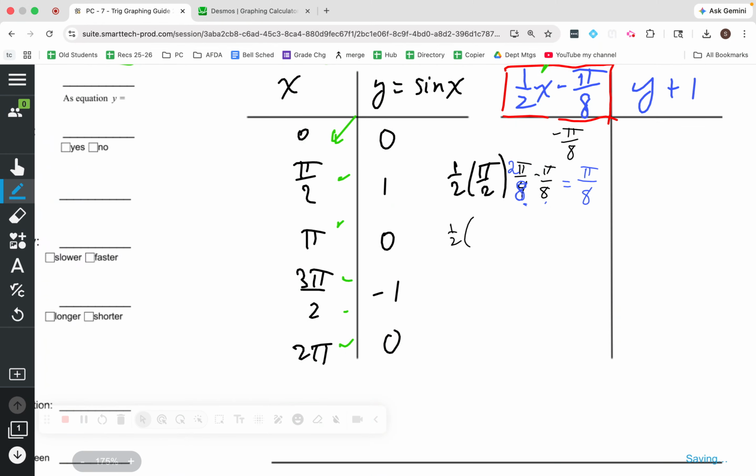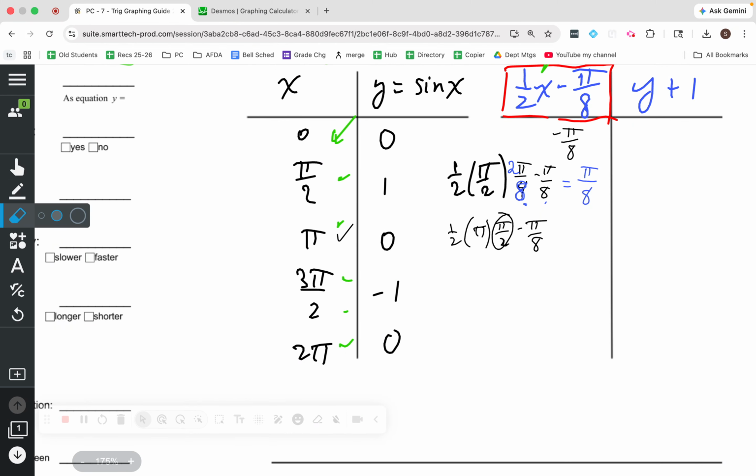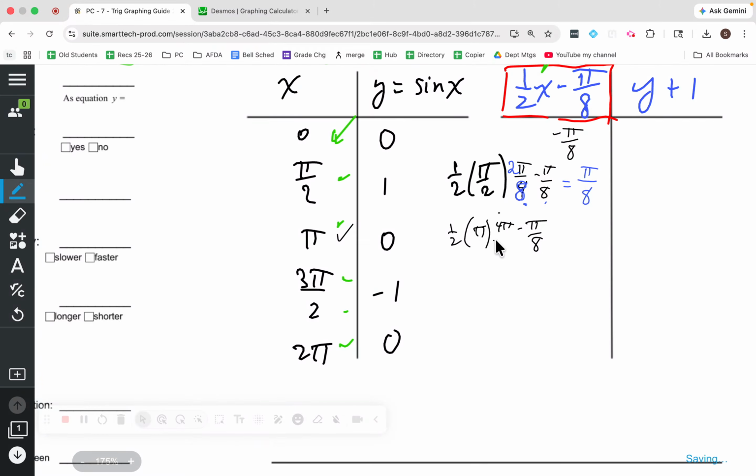1 half times pi is pi over 2. Then I've got to subtract pi over 8. But let's turn this into having 8 in our denominator. So that's 4 pi over 8, isn't it? 4 pi over 8 is the same as half a pi.